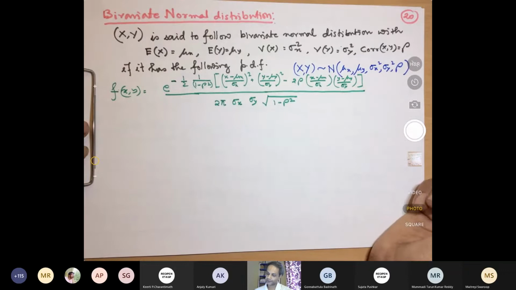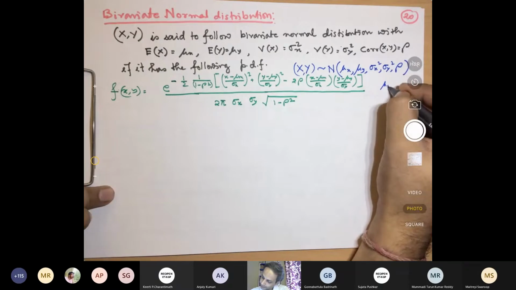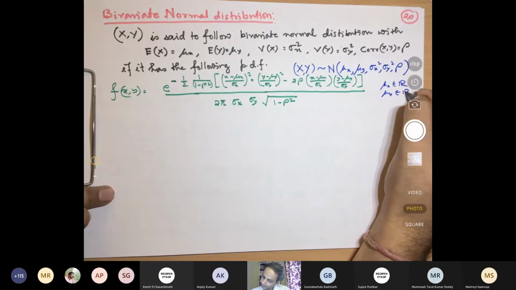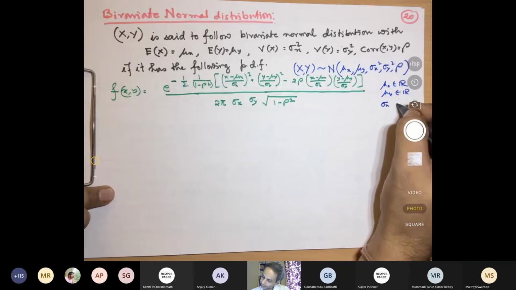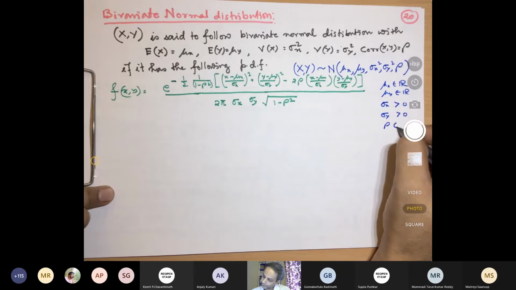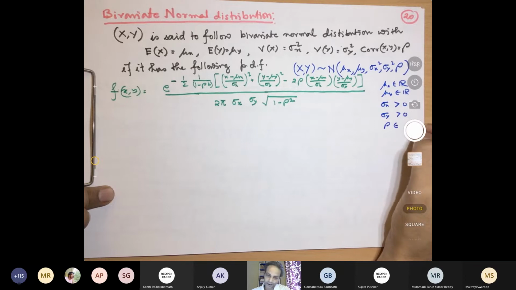Typically, in this situation, mu x belongs to R, mu y belongs to R, sigma x is greater than 0, sigma y is greater than 0, rho belongs to, theoretically, it can be done for the closed interval minus 1 to plus 1.